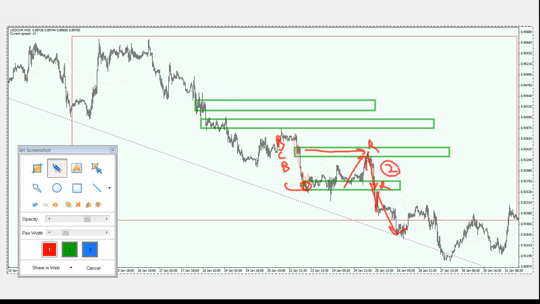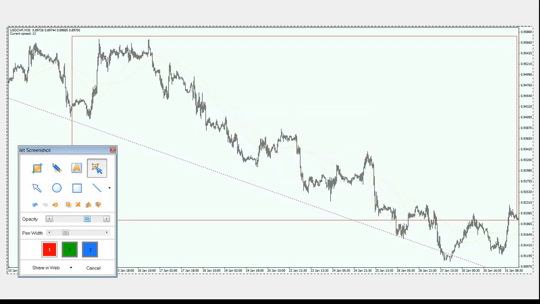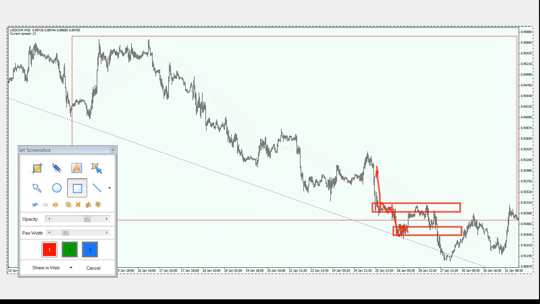Okay, and in fact, if we keep on looking, we'll find a lot of these types of scenarios. You can see in fact just below it, we've got another example, right? So we've got boost, consolidate, boost, consolidate, and if we're marking off those areas, this one makes for a much more interesting example, right?